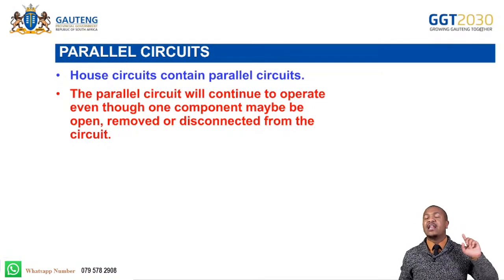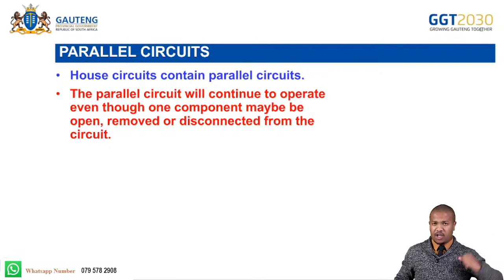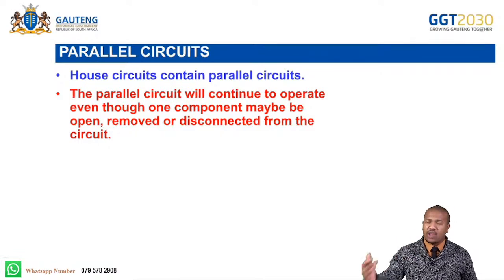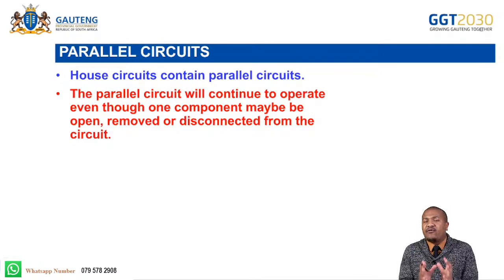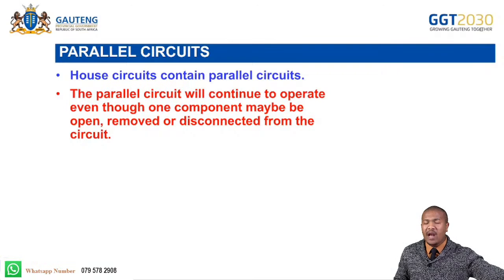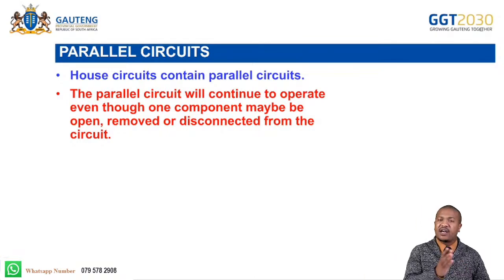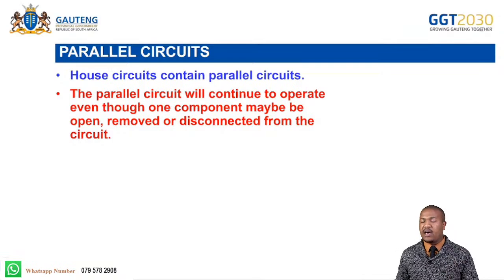So the lights are off in the sitting room, whereas they are on in the kitchen or probably in the bathroom. That is the advantage of a parallel circuit. You can switch off one branch while the other branches are still receiving current, and we are still able to use our components in the house. Are we together?